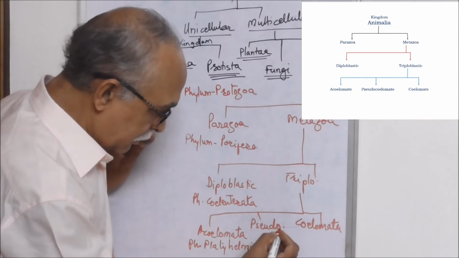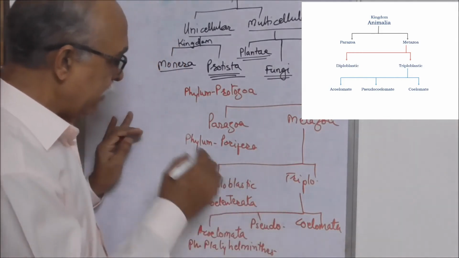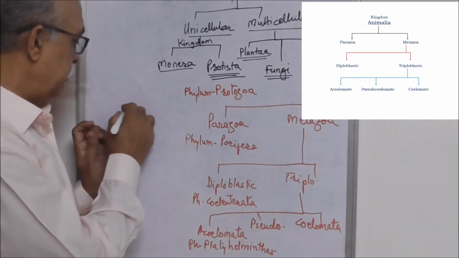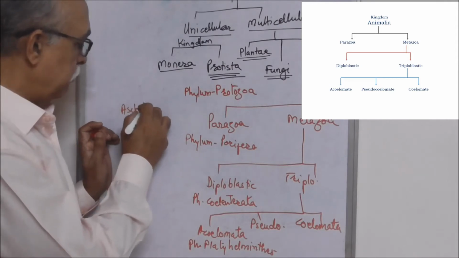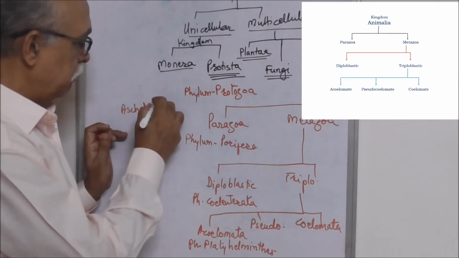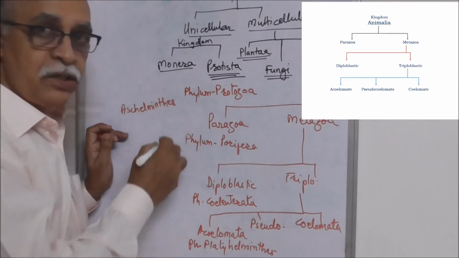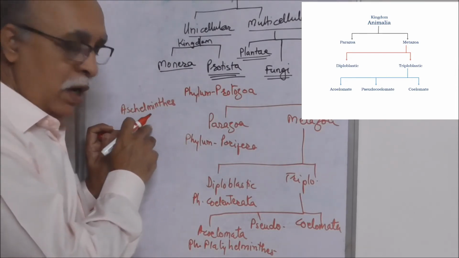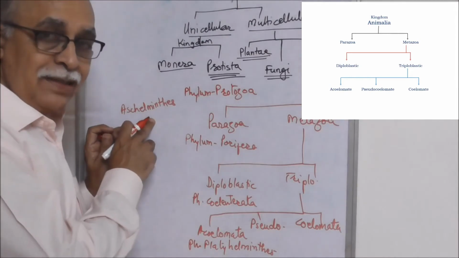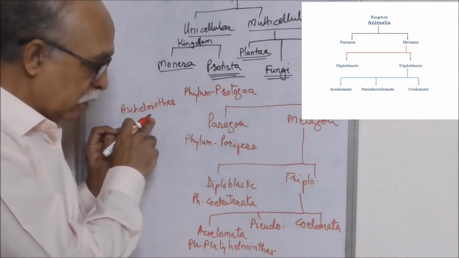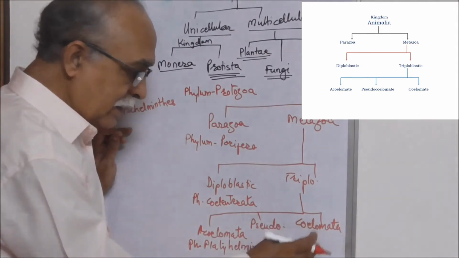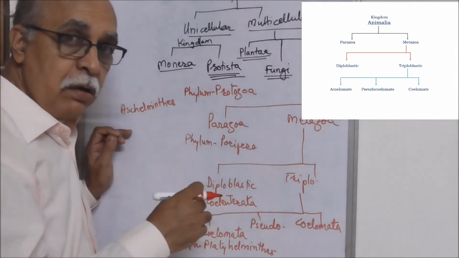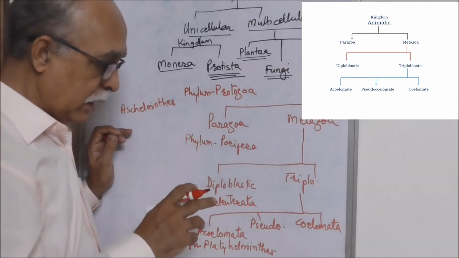Under Pseudocoelomata, again there is one single phylum. I'll write the name here. Phylum Aschelminthes or Nemathelminthes. Aschel means a cylinder, so these are cylindrical worms or roundworms, they are called. Under Coelomata, there will be a number of phyla.